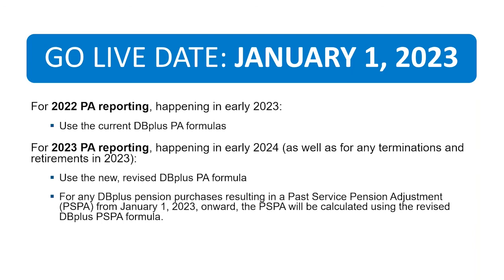This also means that for any DB Plus pension purchases resulting in a past service pension adjustment or PSPA from January 1st, 2023 onward, the PSPA will be calculated using the revised DB Plus PSPA formula.